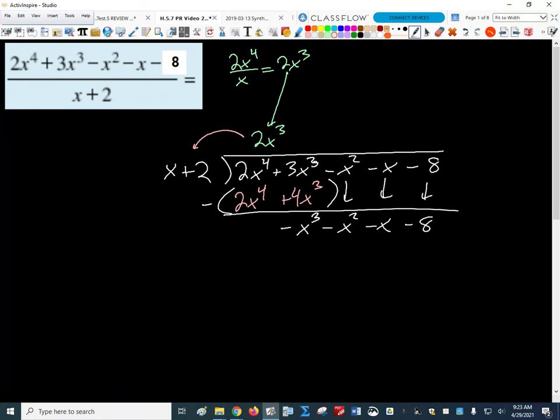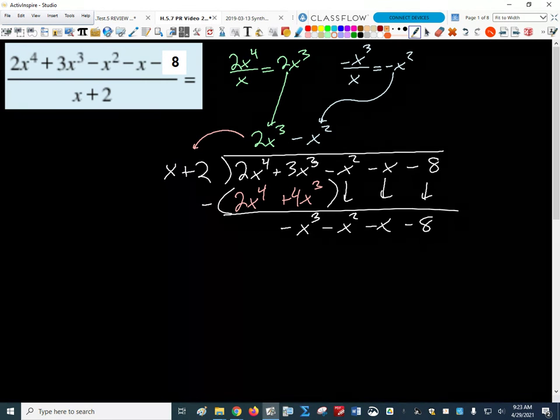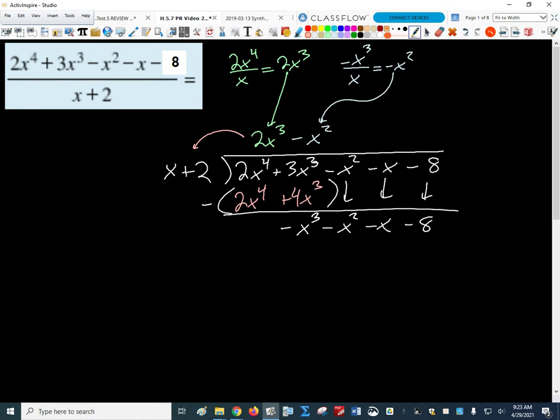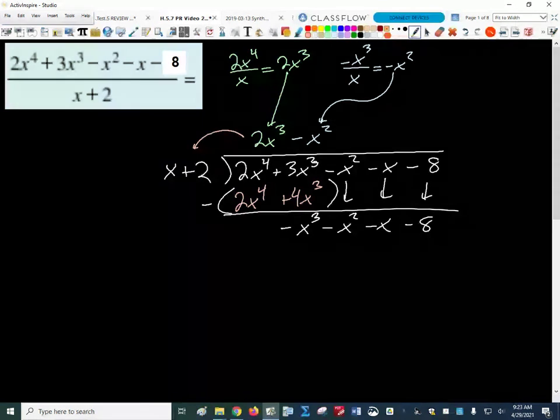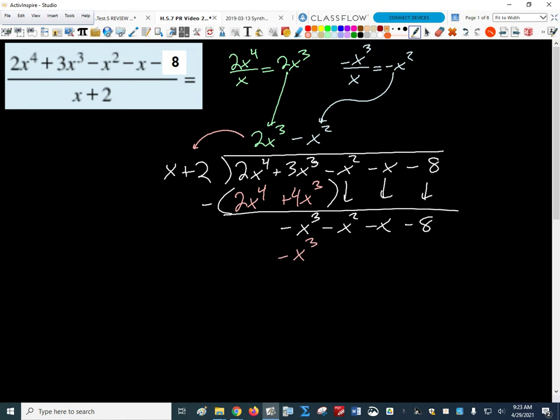So negative x cubed divided by x equals negative x squared, right? So that's going to be our next term. New term appears, we distribute. So if I distribute my negative x squared, I'm going to get a negative x cubed minus 2x squared, and I'm going to subtract the whole thing, right?